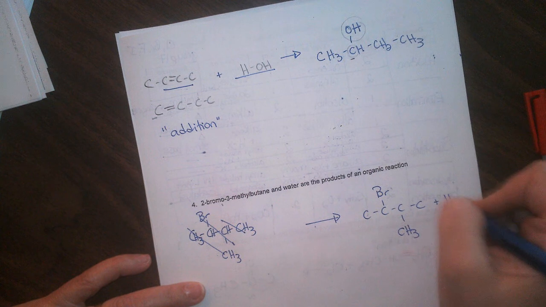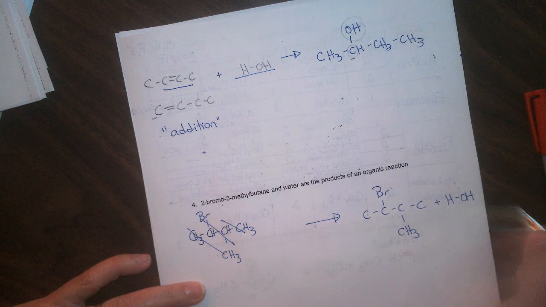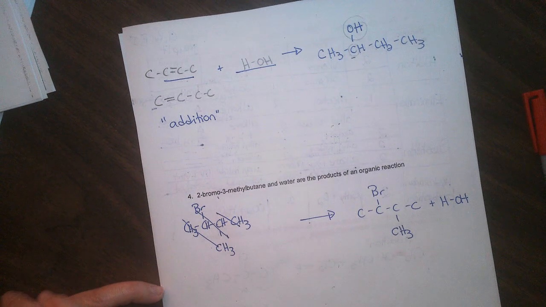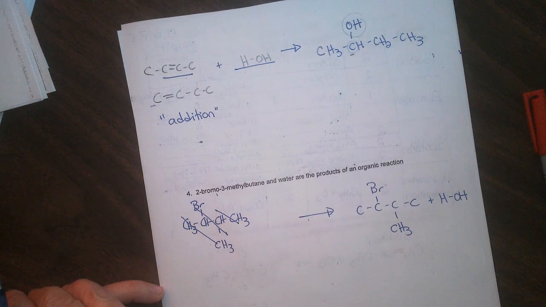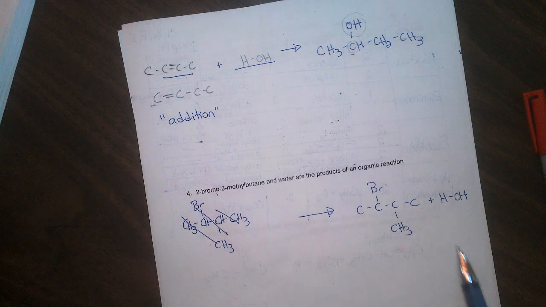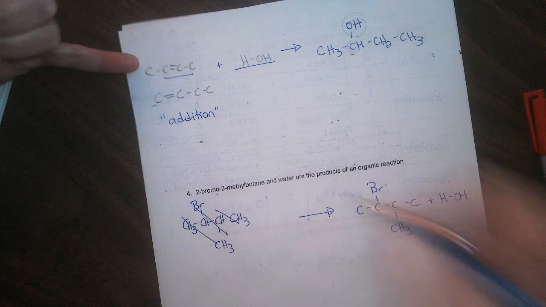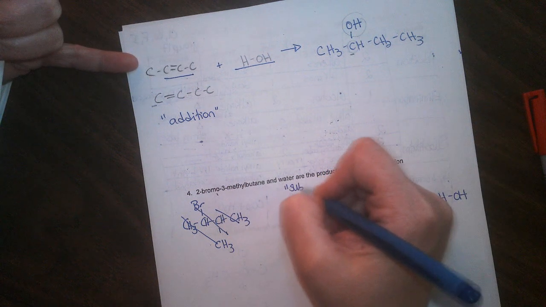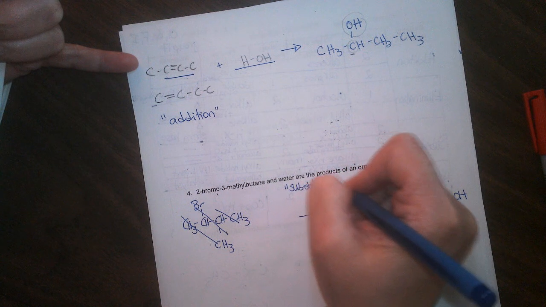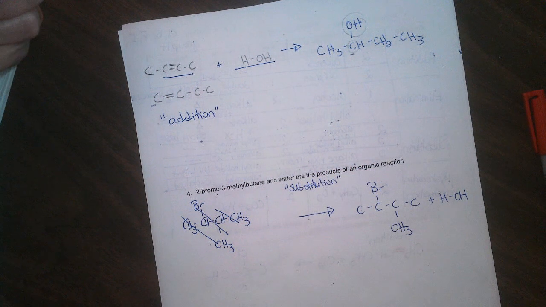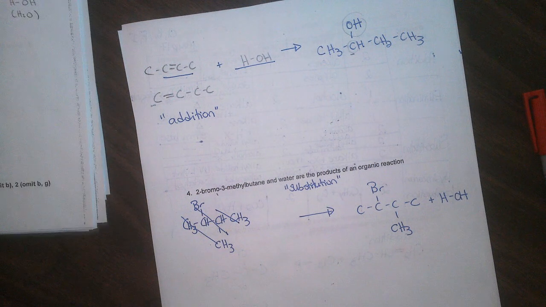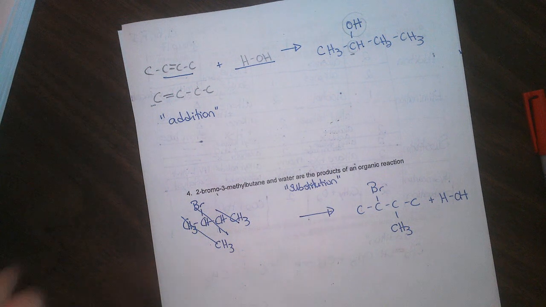And water are the products. What are my reactants or reactant? I have two products. One of them is a halide, so that can be substitution. That's what I got. So chances are this is an alkane plus X2. Does that give me water as a product?